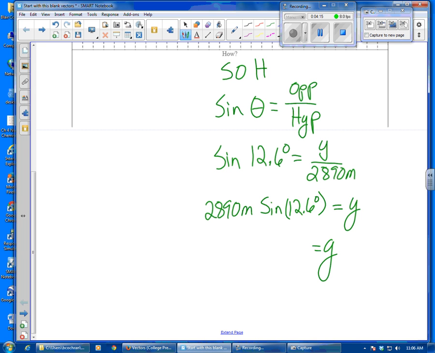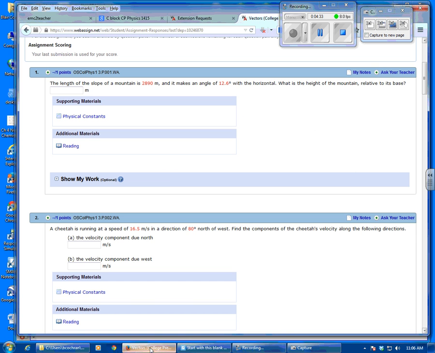So I get 630 meters. You hit mode, arrow down to the word degree, and hit enter. Let's see if I get it right. 630, mid-answer. Come on, green check.